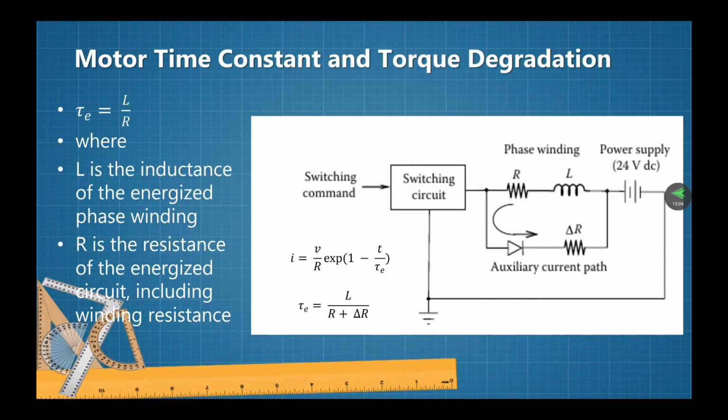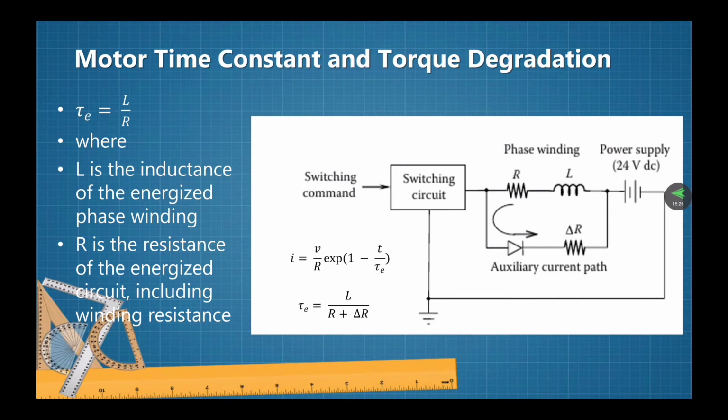And then when the current level goes below the rated level, the supply is turned on again. The required switching rate, or the chopping rate, is governed by the electrical time constant of the motor.